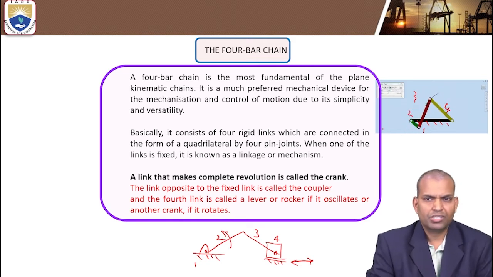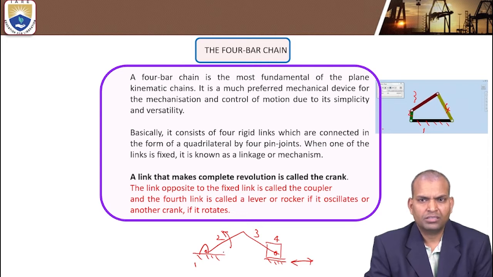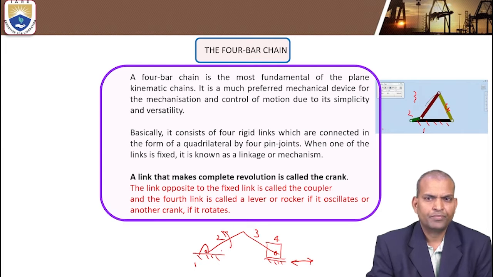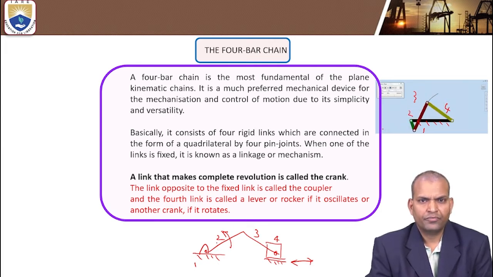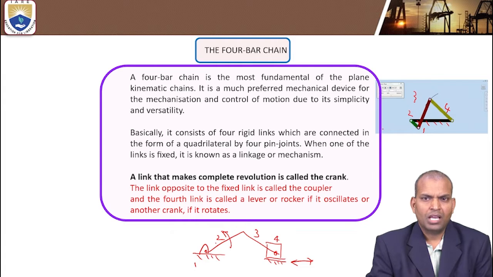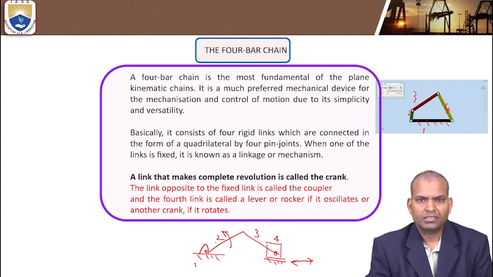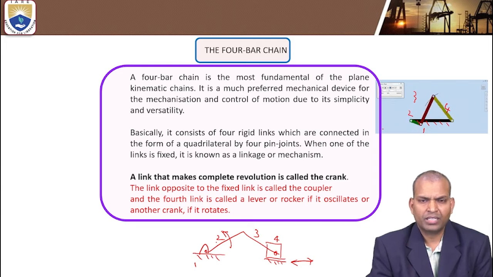In the previous classes, by fixing link 1, the first inversion is obtained. The applications of the first inversion are the reciprocating engine and the reciprocating compressor. By fixing link 2, we obtain the Whitworth quick return motion mechanism and the rotary engine. By fixing link 3, we obtain the crank and slotted lever mechanism.